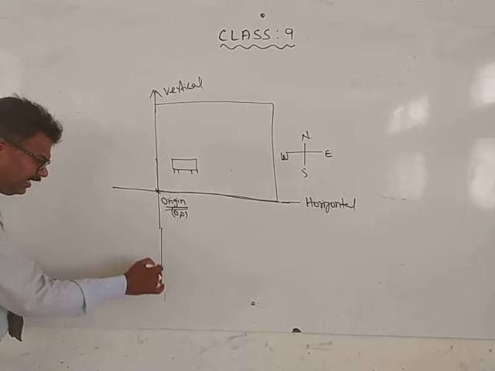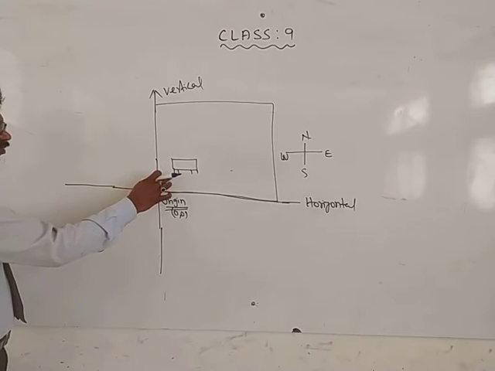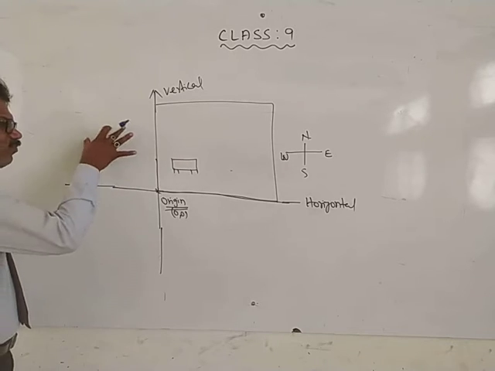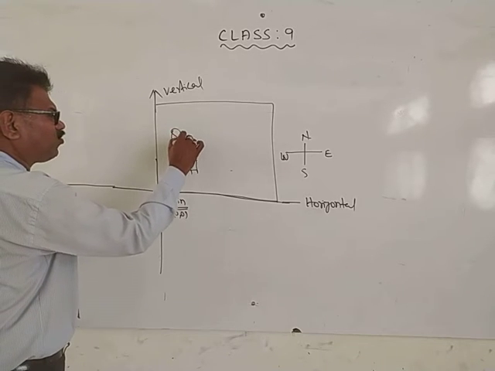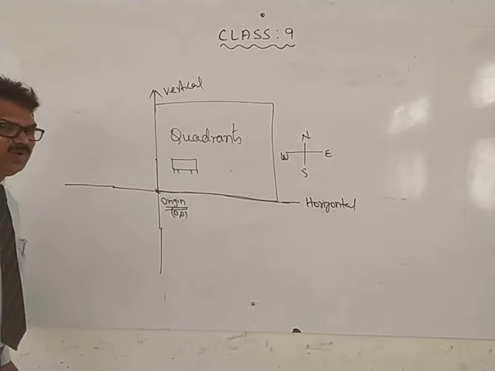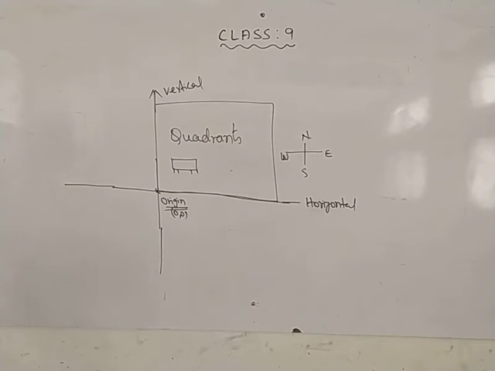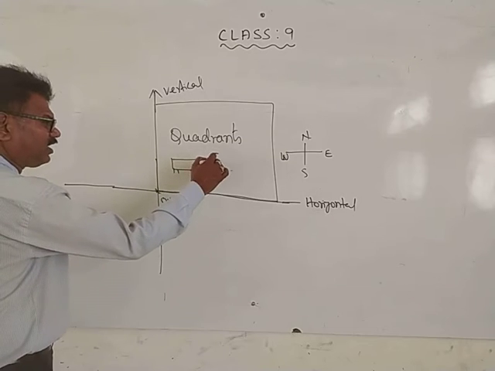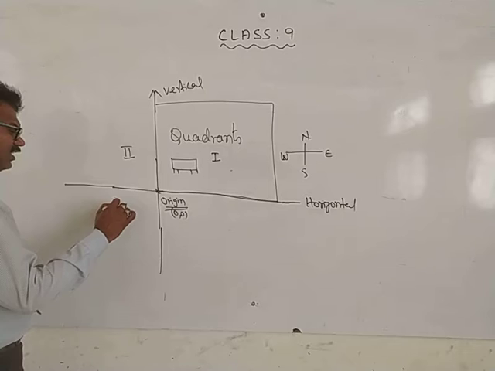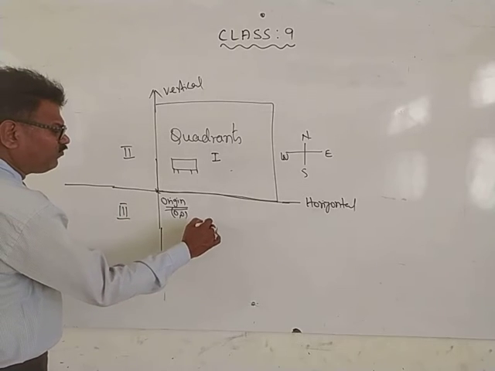So if you see what happens, here 1, 2, 3, 4 are there. These 4 blocks are known as quadrants. This is the first quadrant, this is the second quadrant, this is the third quadrant, and this is the fourth quadrant.